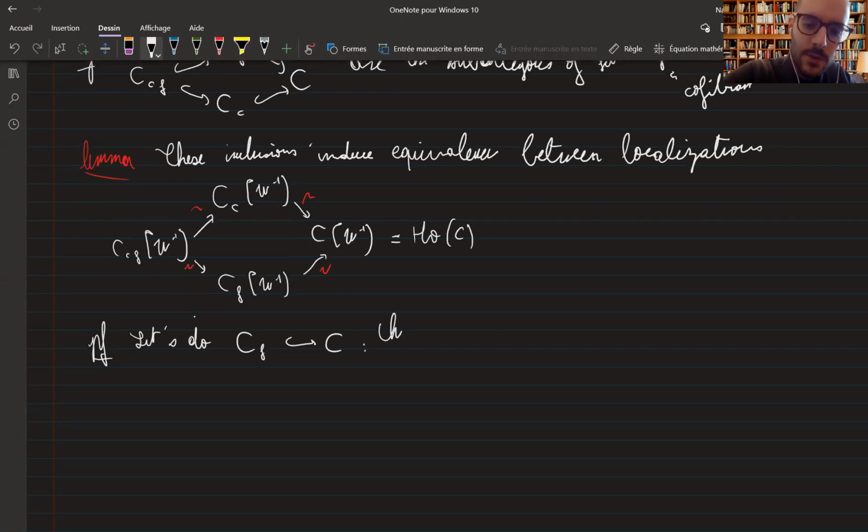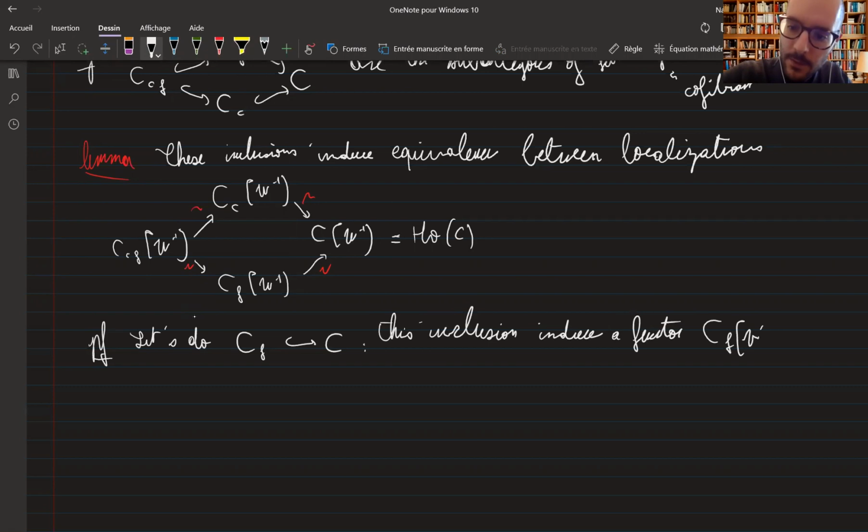So this inclusion induces a functor from C_F localized to C localized. Okay. So we are going to make a functor in the other direction, and to provide this functor, we are simply going to use the fibrant replacement functor.